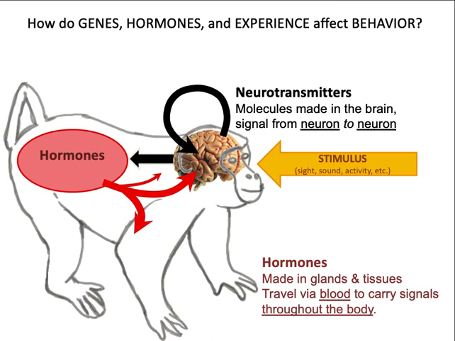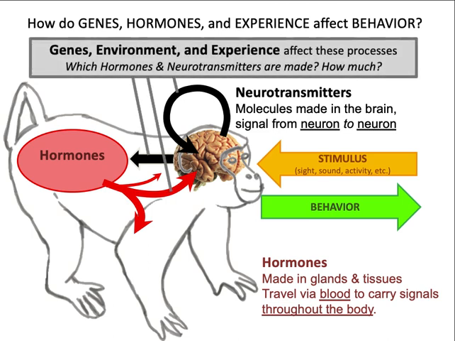It's a hormone. And so the combination of the neurotransmitter and hormone signaling determines the behavior in response to the stimulus. And so all of this stuff happens incredibly fast.